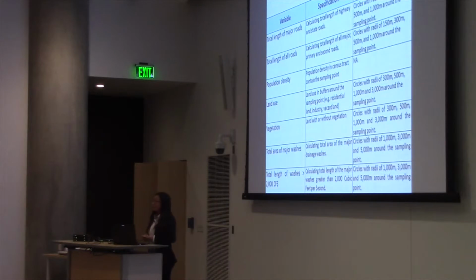In total, over 50 variables are tested for relevance to annual PM10 and PM 2.5 values in Tucson. They are classified into several categories, like growth, population density, and land use type.